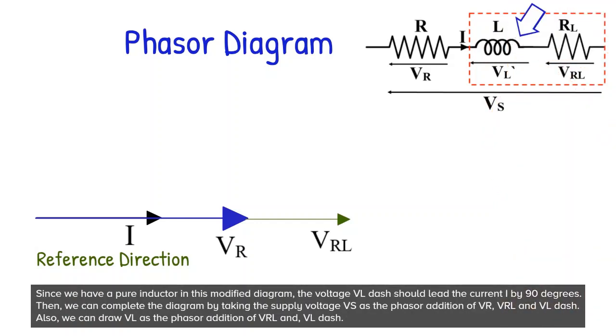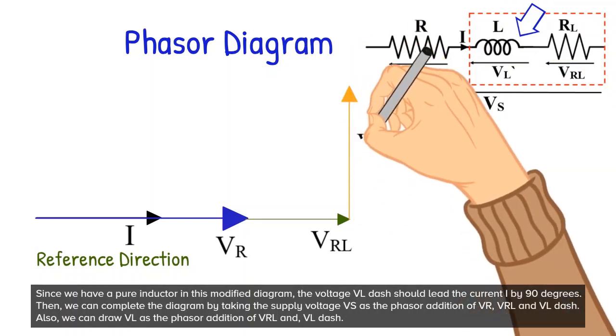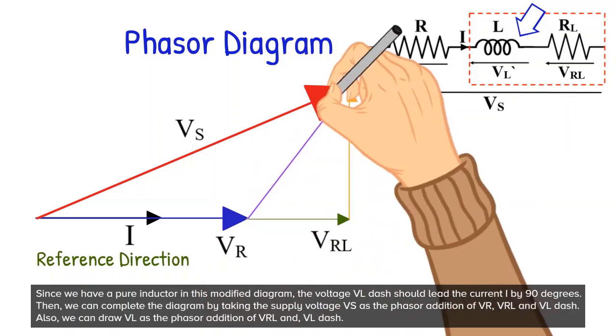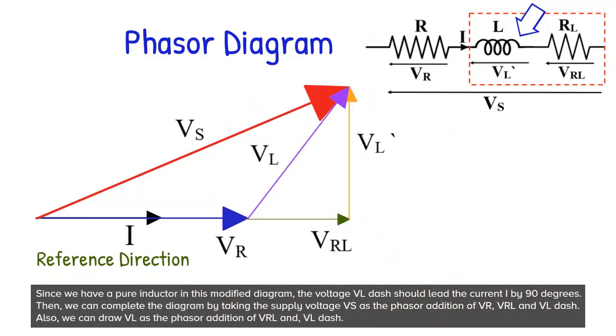Since we have a pure inductor in this modified diagram, the voltage VL' should lead the current I by 90 degrees. Then, we can complete the diagram by taking the supply voltage Vs as the phasor addition of VR, VRL and VL'. Also, we can draw VL as the phasor addition of VRL and VL'.